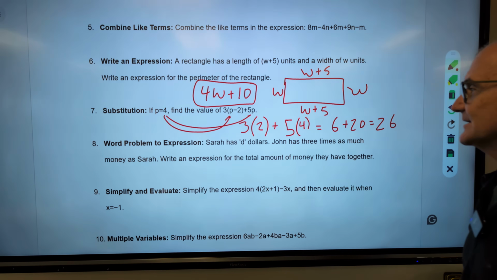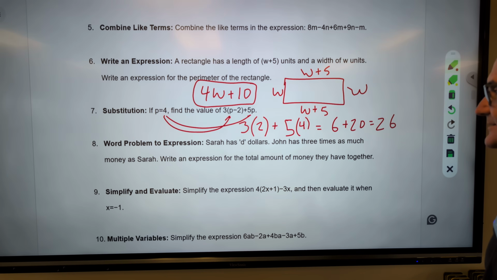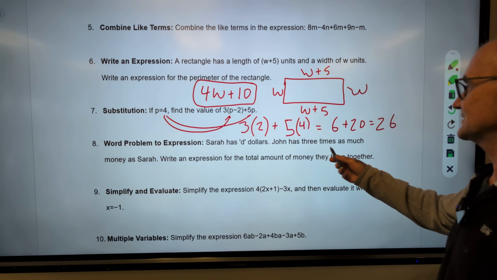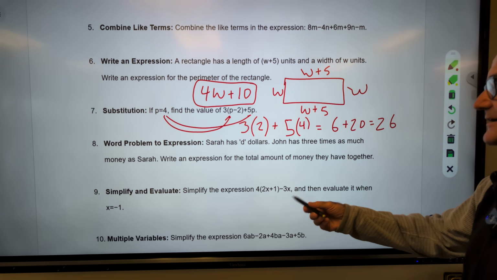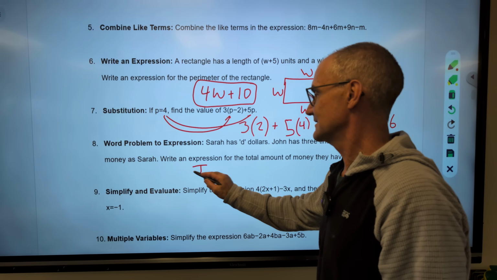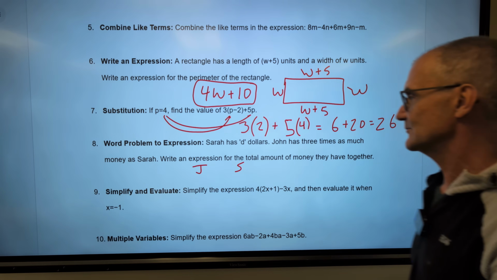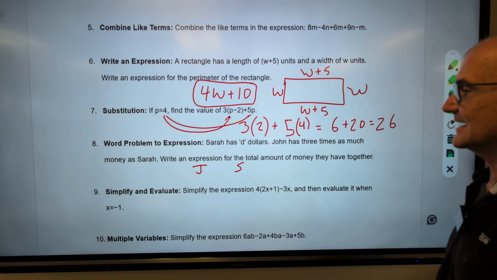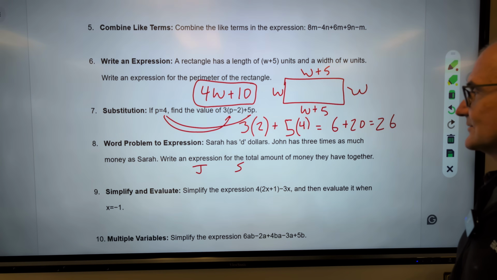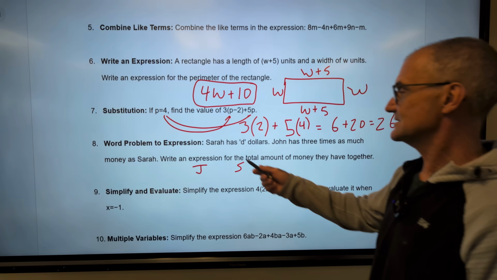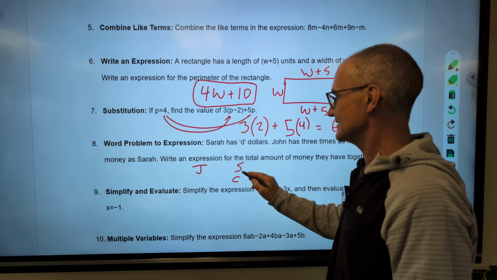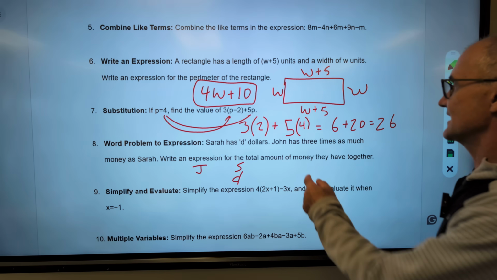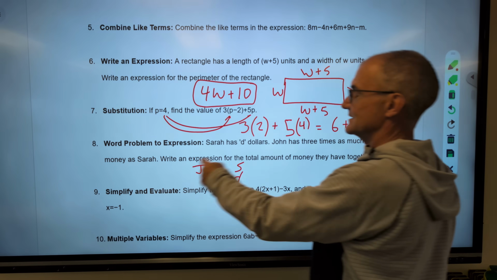Let me do one more here, and then we'll move on to the next chapter. John has 3 times as much money as Sarah. So I got John and Sarah. Write an expression for the total amount of money they have together. Sarah has D dollars, and John has 3 times as much as Sarah.